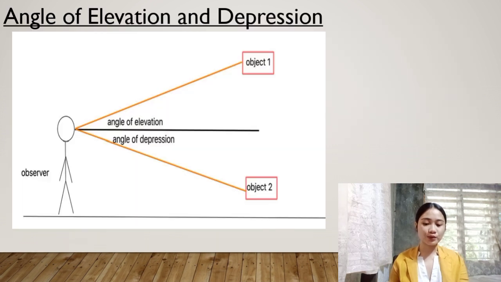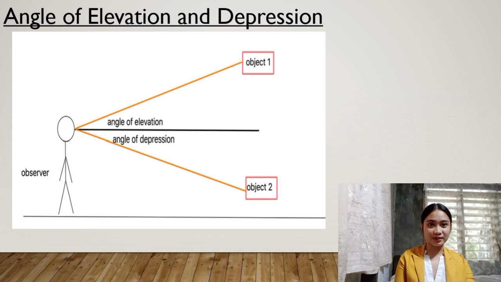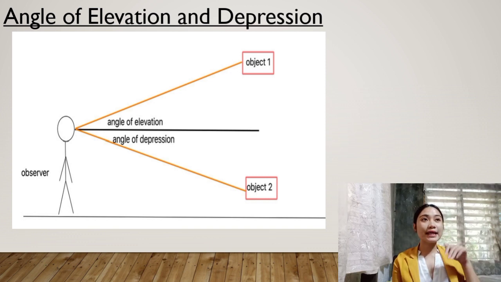Okay, so next slide. Here, imagine yourself standing on the ground, and then you look upward because you saw an airplane. So that is the example of elevation because you are looking upward.